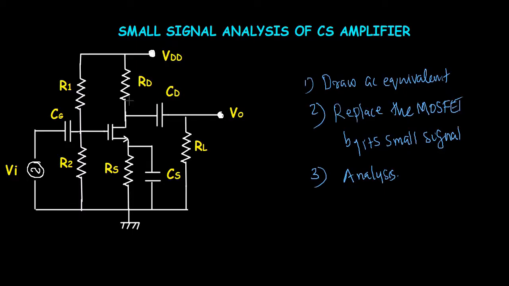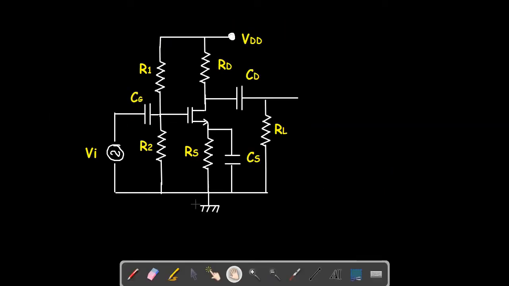In the case of the AC equivalent, we have to replace the DC sources by ground. So here I am replacing this DC source by ground.